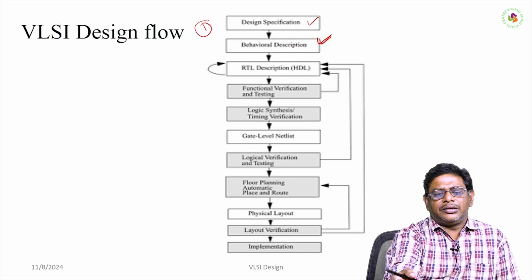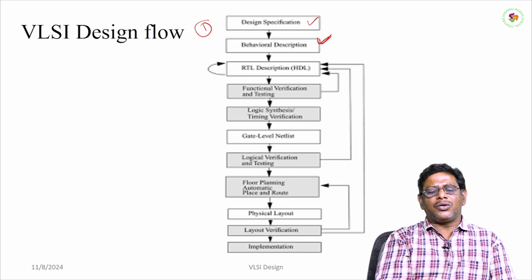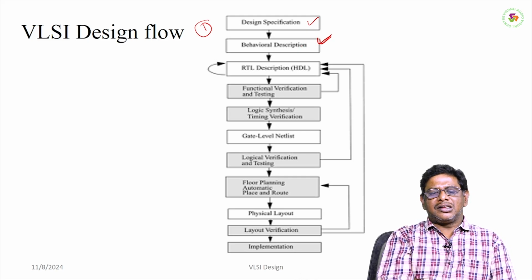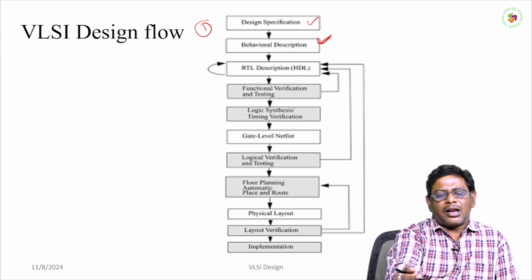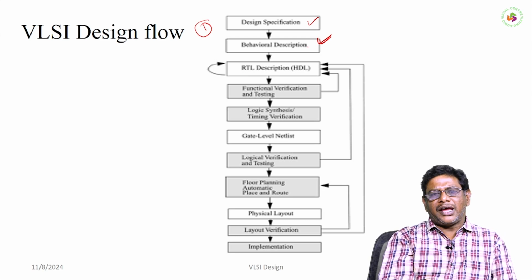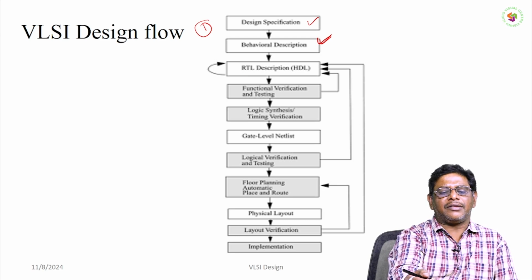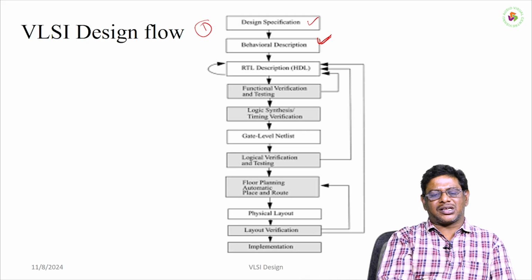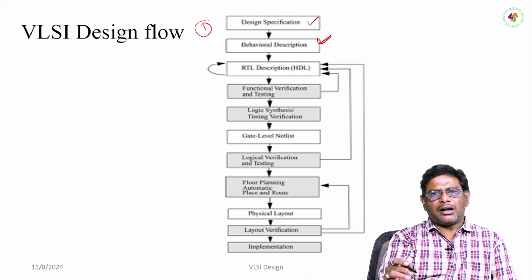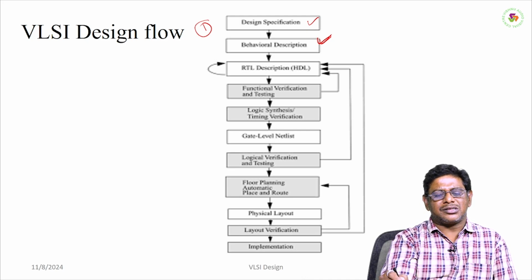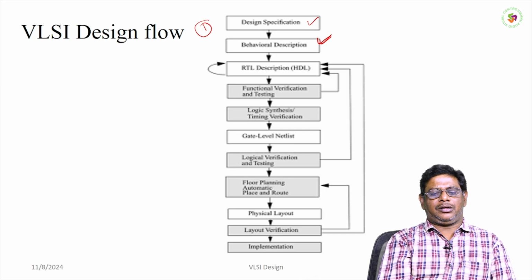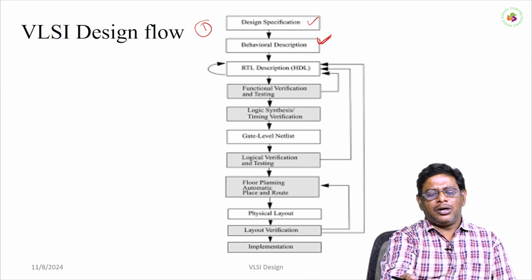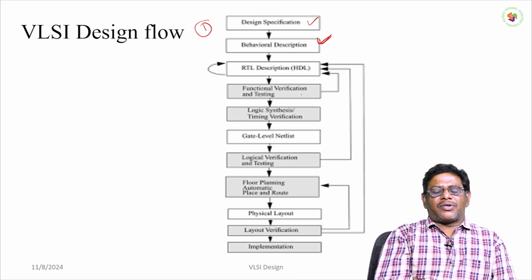Then the behavioral description is converted into an RTL description, register transfer logic, and here the entire logic that you have described in the behavioral model is treated in the form of register transfer logic. So the entire model is treated as black boxes, and those boxes are connected together. Then it comes to the verification part.